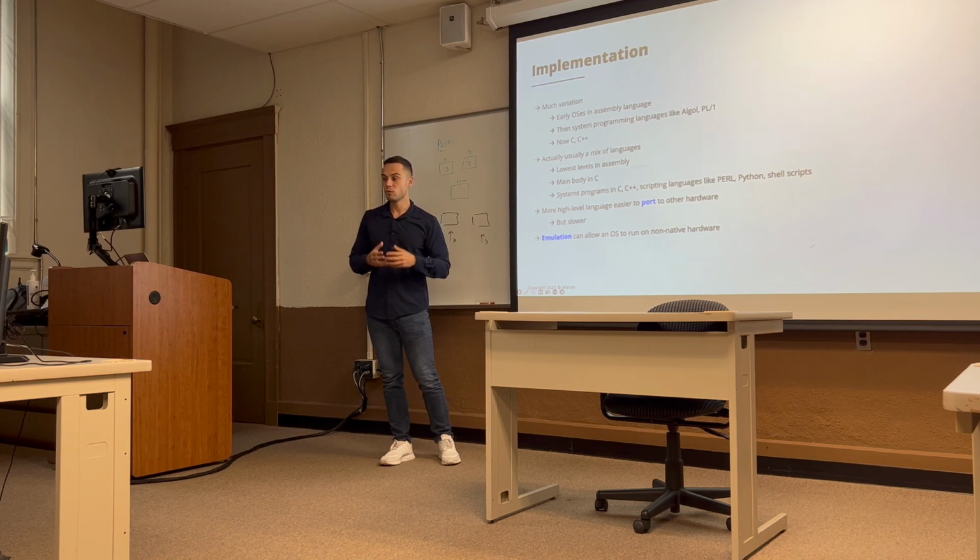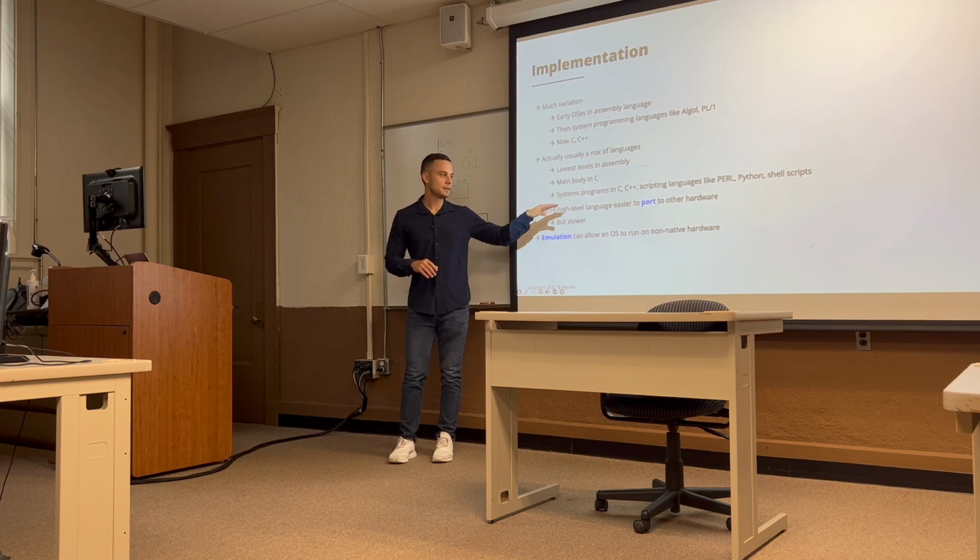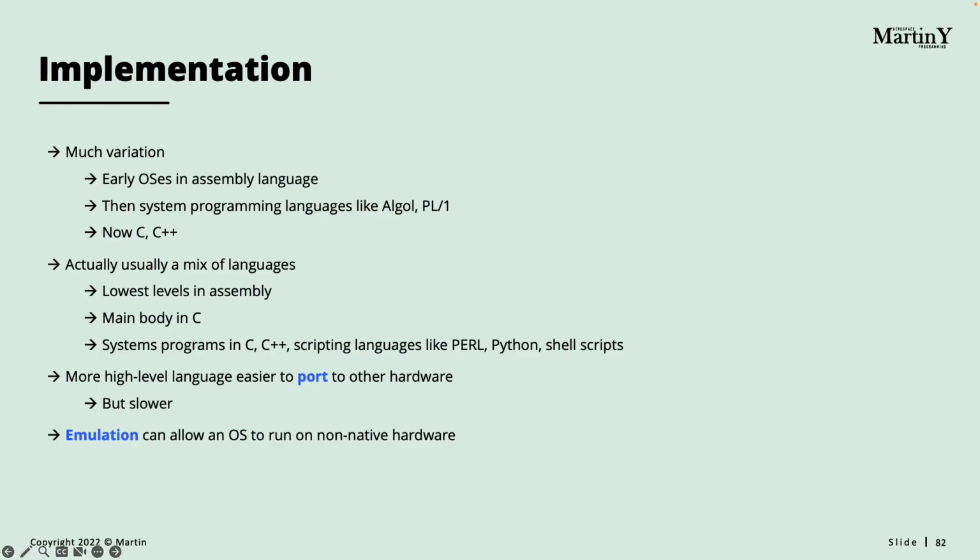However, it is way easier if 99% of the operating system is written in C or C++, and we just change the 1% that is the difference between the chips. We just write the functions that give all the information to the rest of the code, okay? So this is the idea.